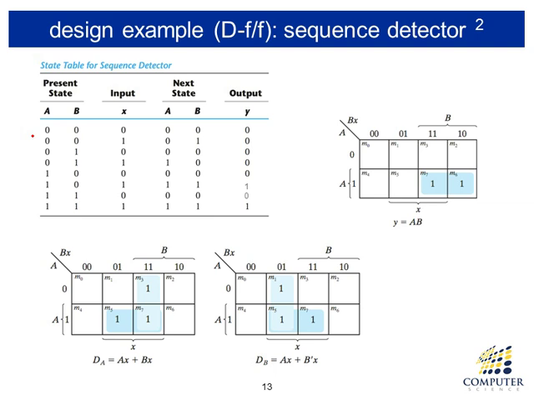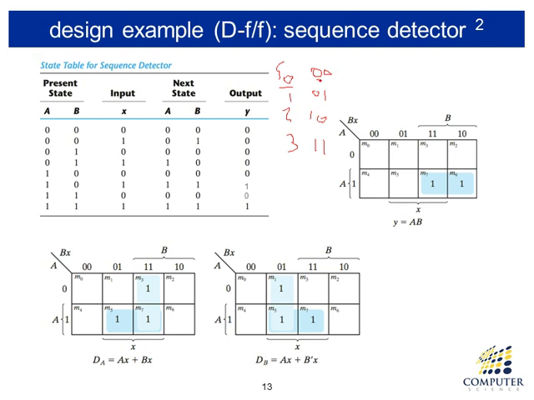Since we have 4 states, the binary encoding naturally would be: state 0 means 00, state 1 means 01, state 2 means 10, and state 3 means 11. So we have 2 bits for state encoding.